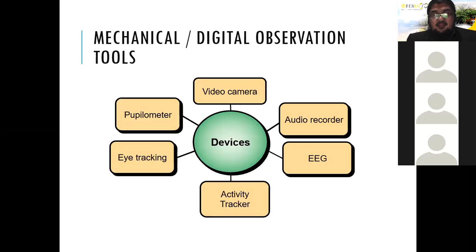Okay, so there are a couple of tools that can be used. There are video cameras like CCTV. There's also an audio recorder just to capture the audio in a room or in a place. There's a pupillometer, which measures the size of your pupil, which should theoretically reflect the attention.